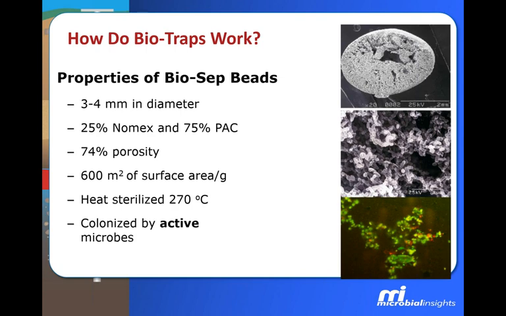So if an organism is not actively growing and reproducing in the sampled environment, you will not detect it in the beads. So in that way, the biotrap is helping you eliminate all this microbial noise that exists in any natural environment and allowing you to focus strictly on those organisms that are actually actively involved in the microbial ecology of the site.